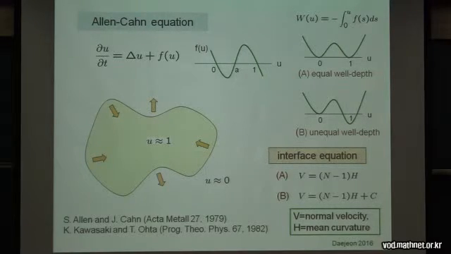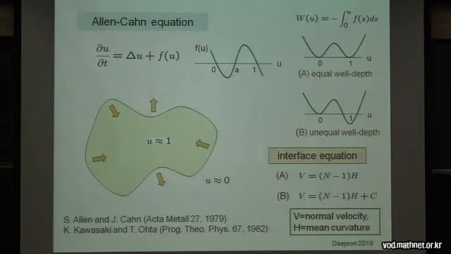In the KPP equation, a completely different mechanism moves the front. But in the bistable case, the fact that the interface equation involves the curvature is very, very important, and also in applications, which I will mention briefly later.